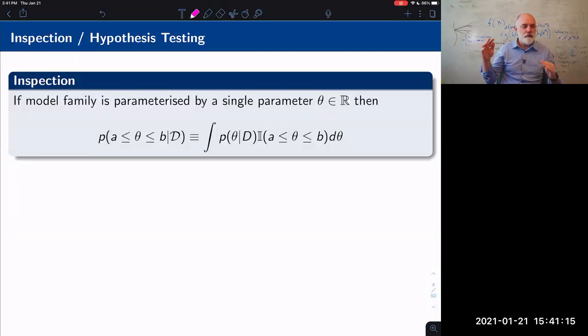So if you want to say whether or not a particular regression parameter lies in some range, or you'd like to compute the probability that some integration parameter lies in some range between A and B, well, the way you frame and answer such questions is to first computationally characterize the posterior distribution in some way, and we'll talk about lots and lots of different ways of doing that, and then estimate the value of this integral somehow, right?